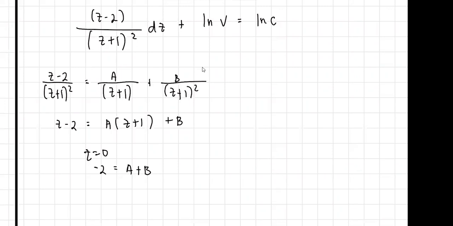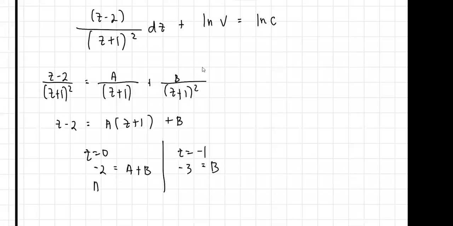And when z equals -1, we have -3 equals b. Okay?